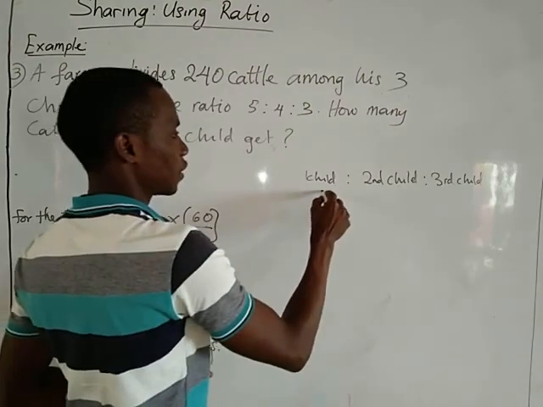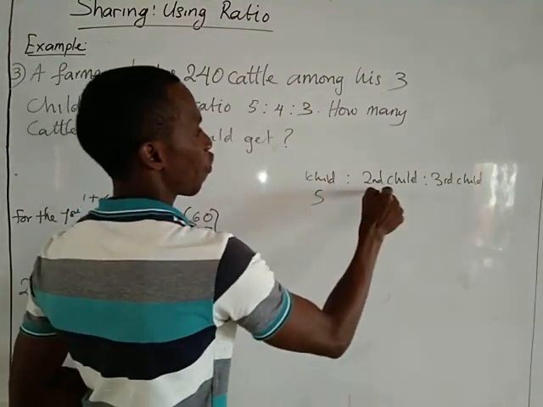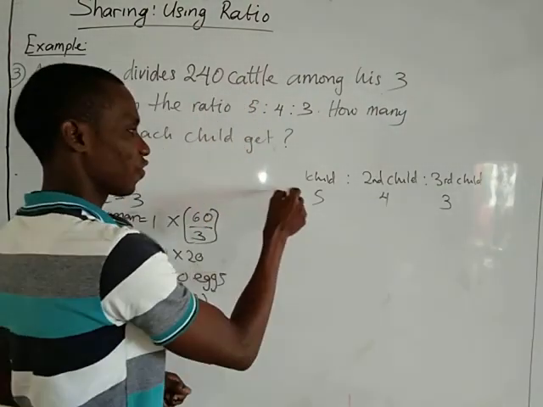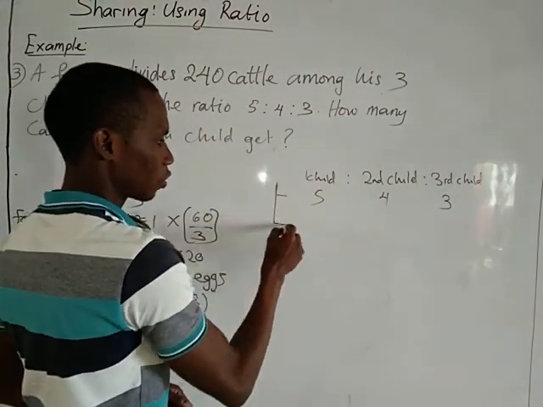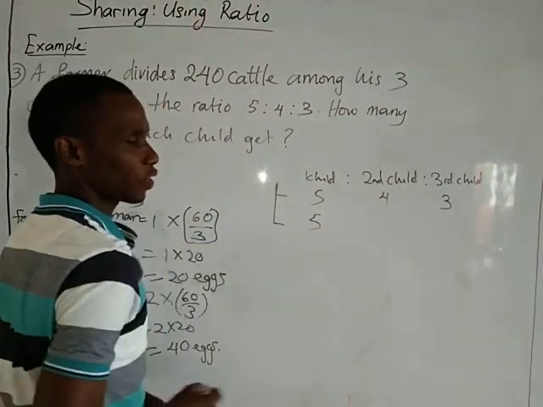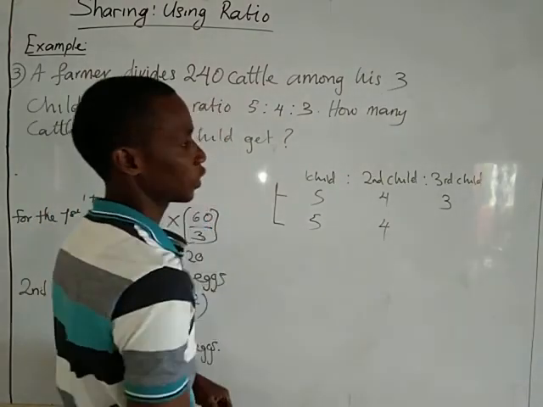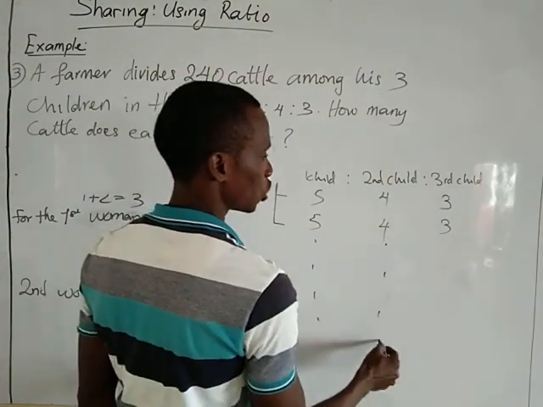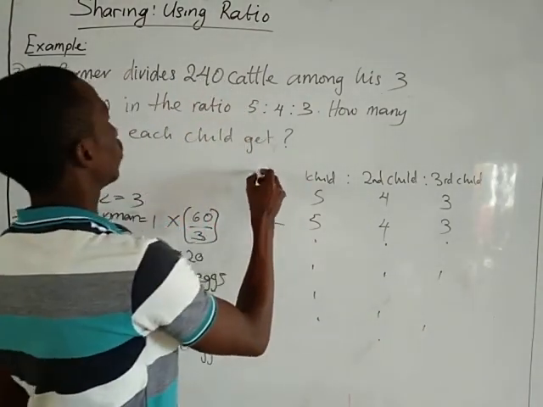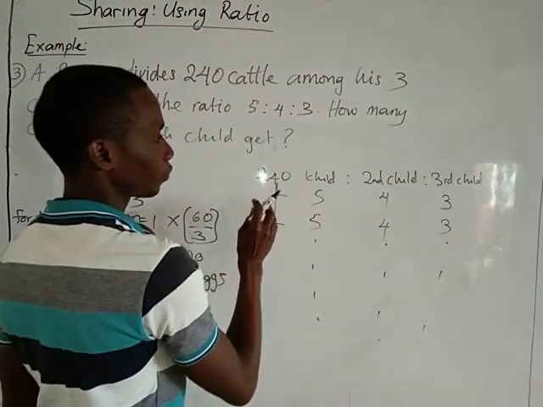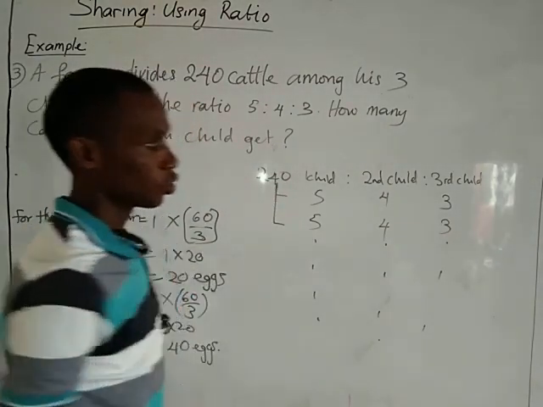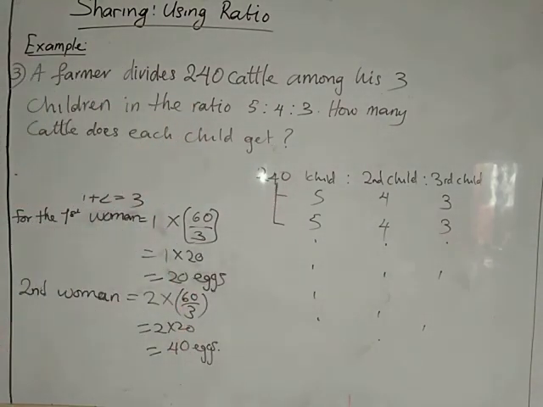Where the first child is getting a 5, 4 is going for the second child, and 3 is going for the third child for the first sharing. During the second sharing, another 5 goes for the first child, another 4 goes for the second child, another 3 goes for the third child. On and on like that. We keep on sharing till the whole of that 240 cattle is shared totally among these children.